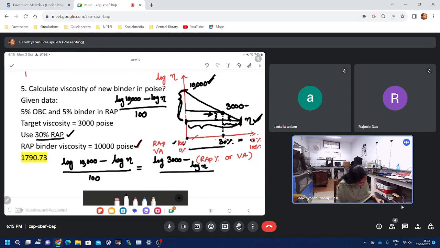Let us say we do not know, then 100 minus 70, which is 100 minus 70.